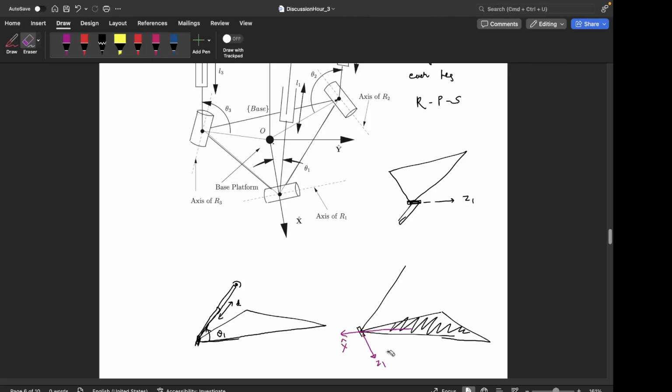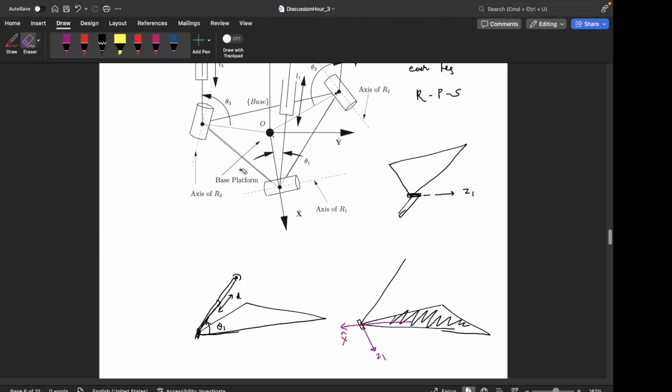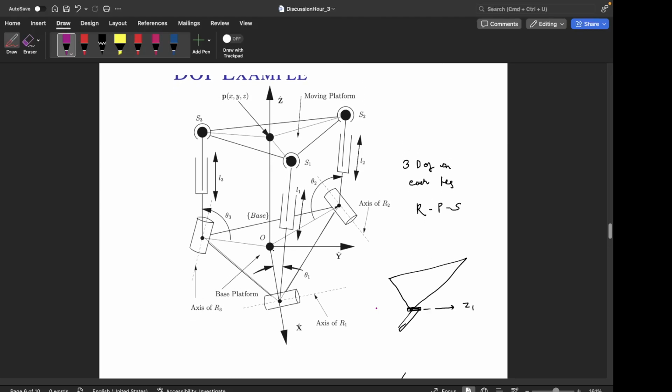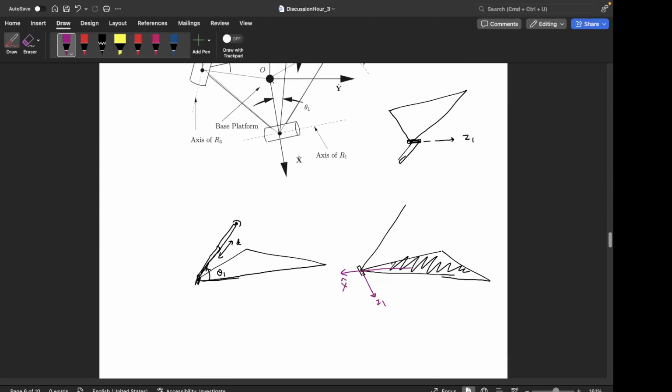So this is z1, and we have this z0 here.